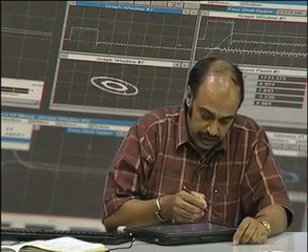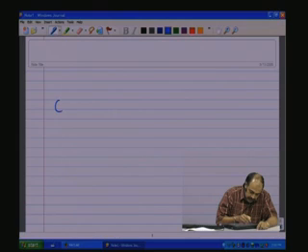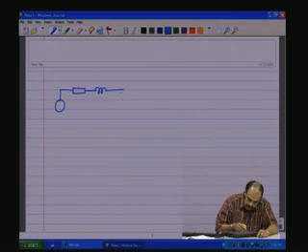So, now starting with the circuit, let me take a circuit which is of the following nature. Let us say we have a resistance, let us have an L, then a capacitance.